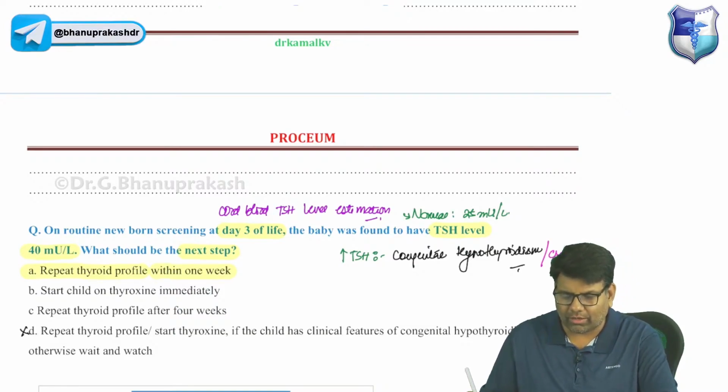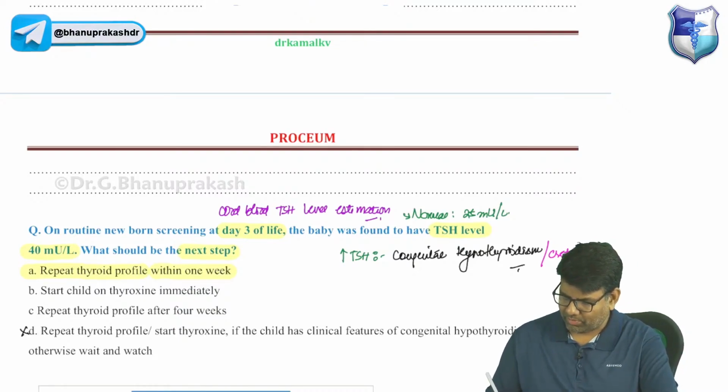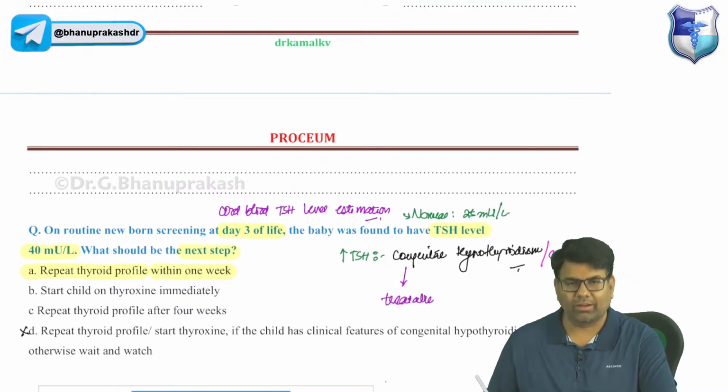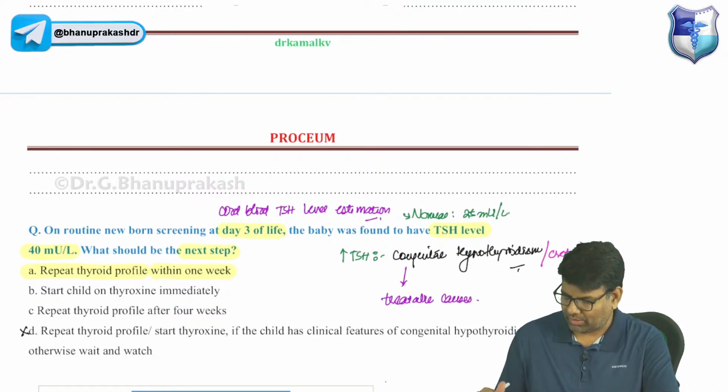Now why are we so much concerned about this thing? Because congenital hypothyroidism is one of the treatable causes of mental retardation. So if we diagnose it early, we can prevent that mental retardation, right?